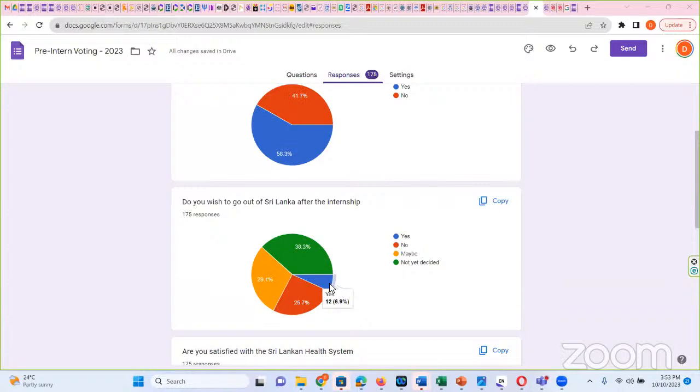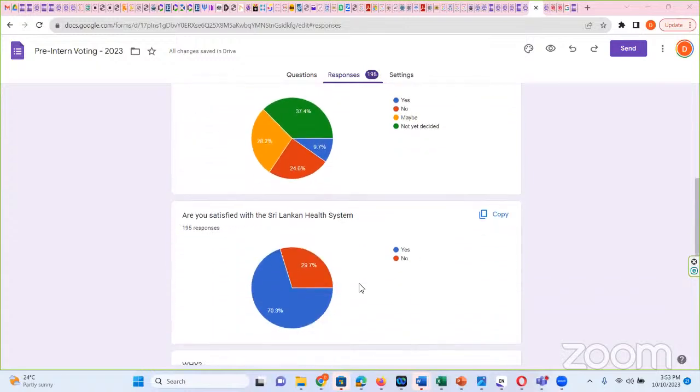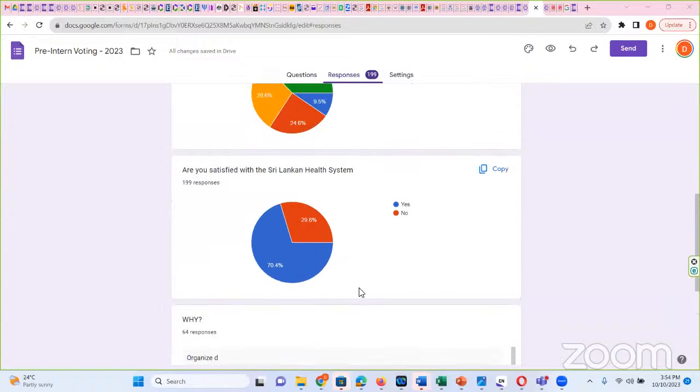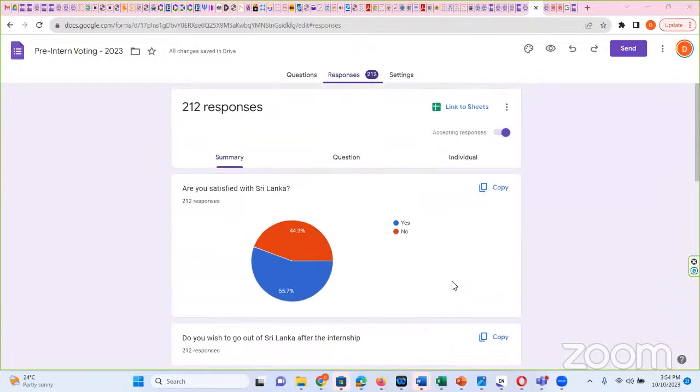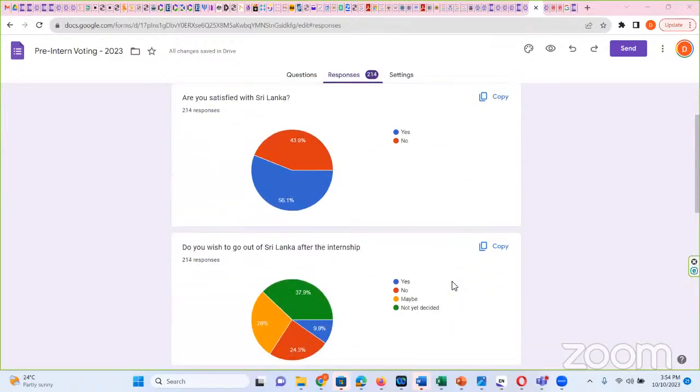Not yet decided, but it's increasing. It's now come to 10%. Yeah, good. Most of you are satisfied with the Sri Lankan health system. That is also good. Yeah, I will just continue with this.